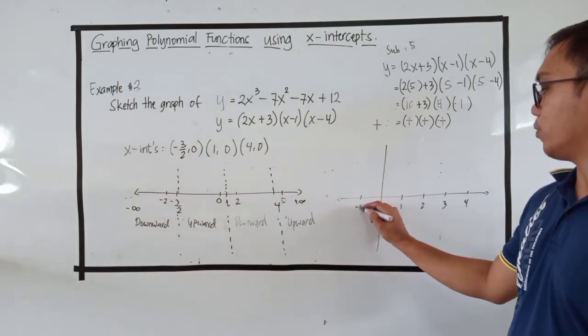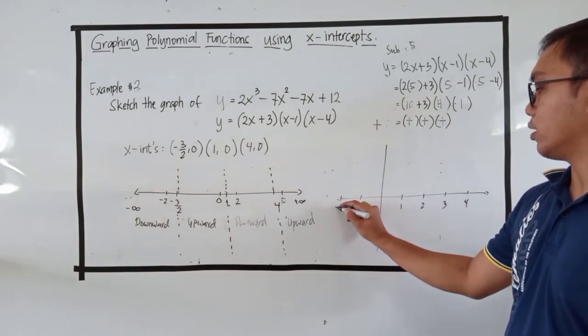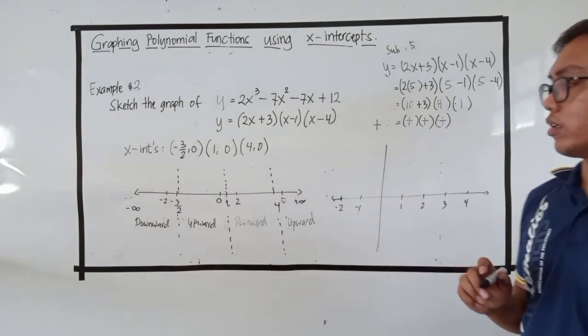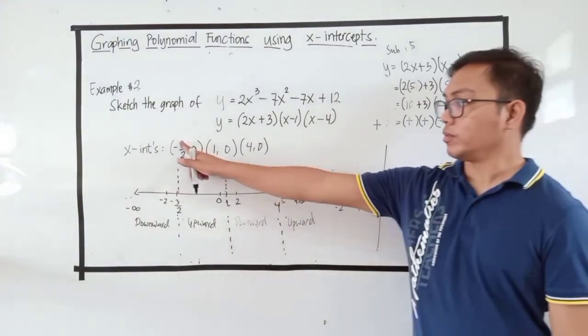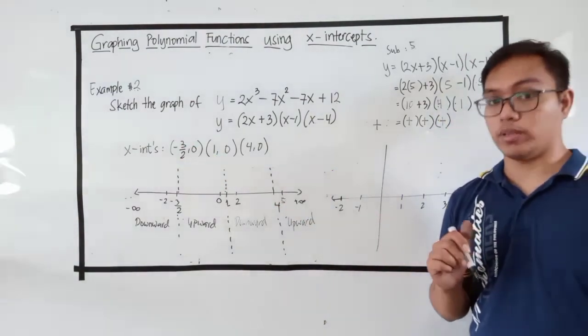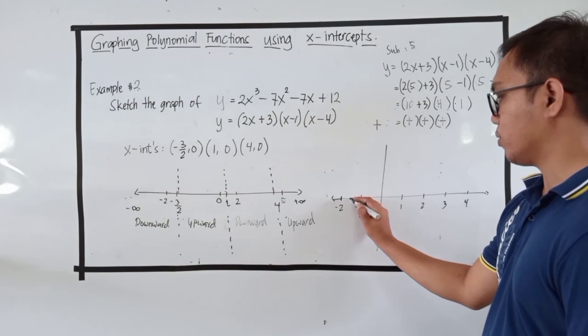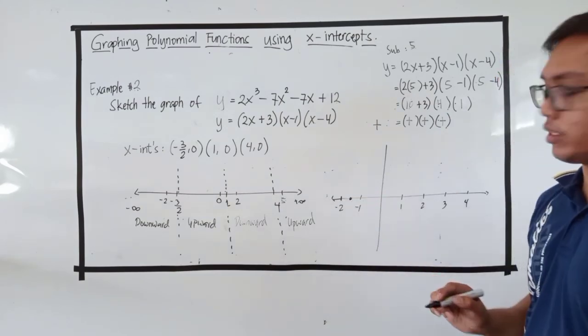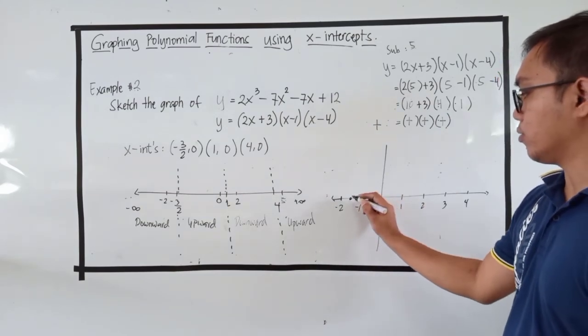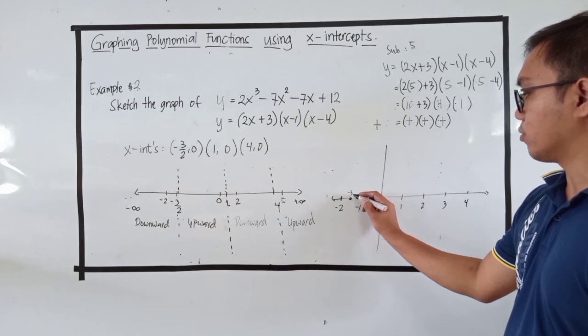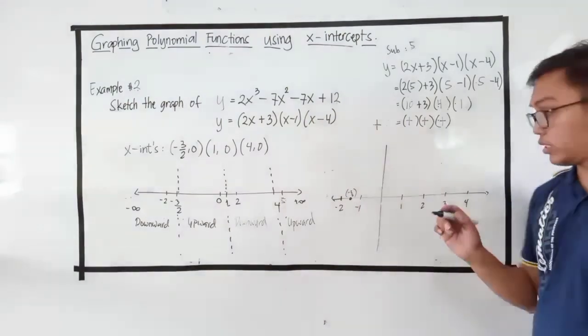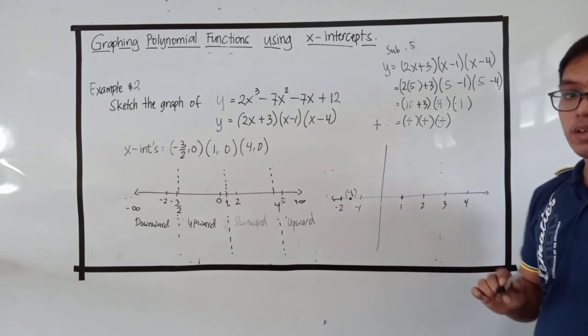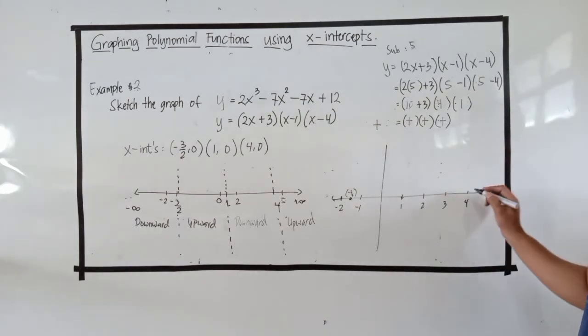And we have here negative 1, negative 2. Negative 3 over 2 is negative 1.5, so it's somewhat here. That is our negative 3 over 2. 1, 0 is here. And 4, 0 is here.